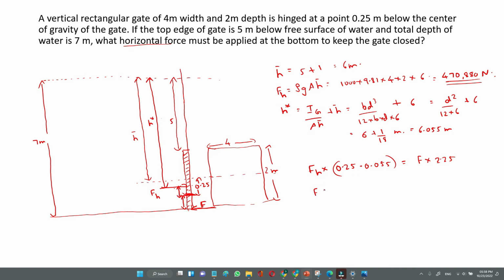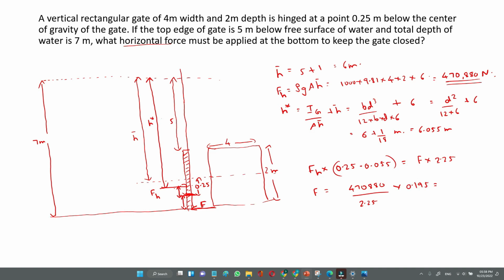So you can calculate F, that is equal to 470880 divided by 2.25 into 0.195.